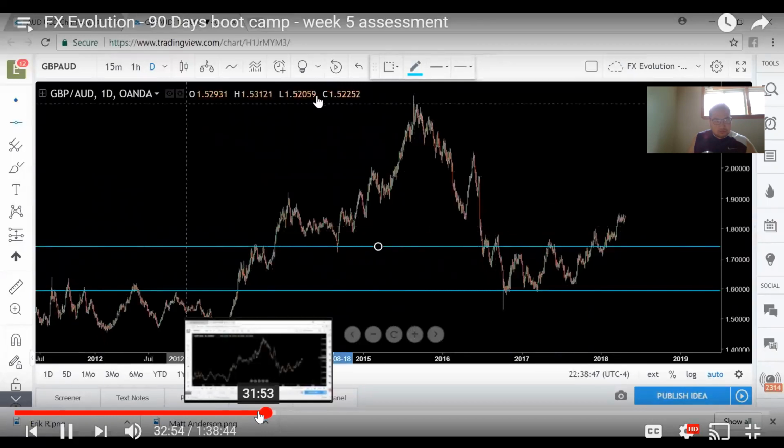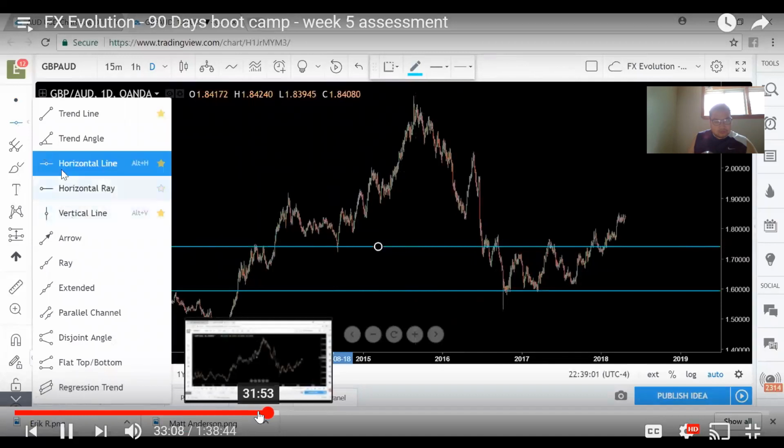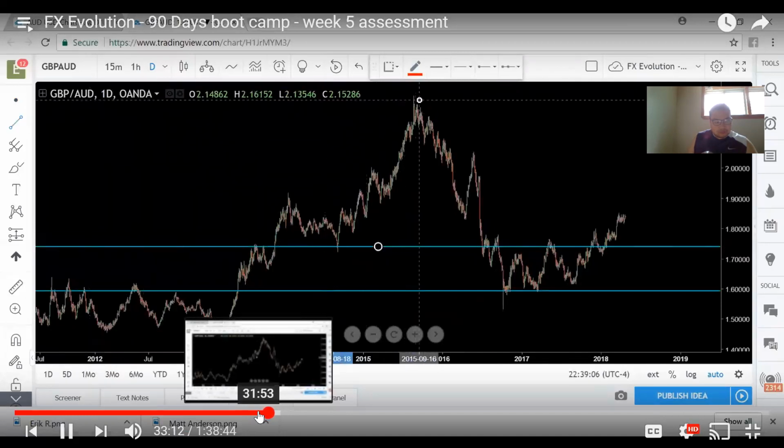Yep. You're trying to draw a trend line. You click that same horizontal line. You change the box to a trend line, which is a diagonal line. There you go. The top one, the trend line. And you click the top of the trend line. Just drag it and then maneuver it so it fits where you want to position it.